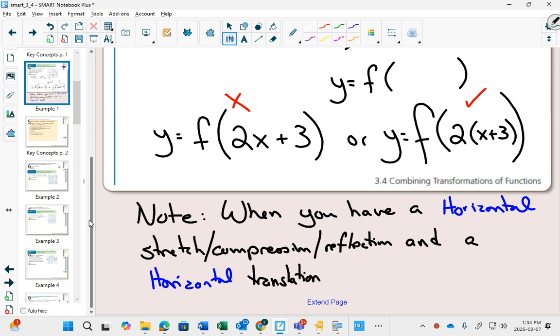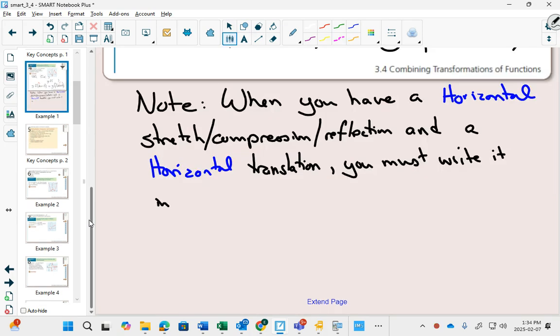Again, this only happens when you have both of these horizontal things, so that's why I made them in blue. When you have a horizontal stretch, compression, reflection, and a horizontal translation, you have to write it in its factored form.